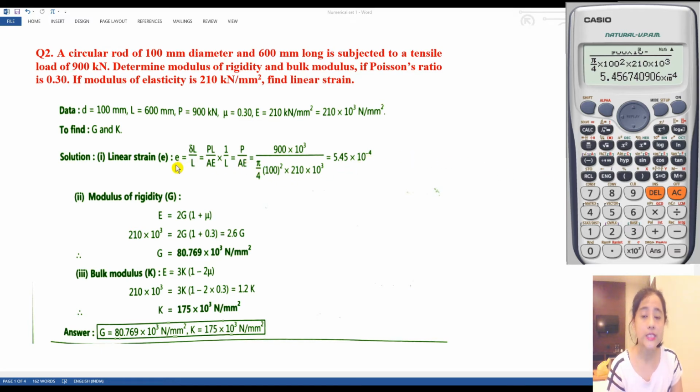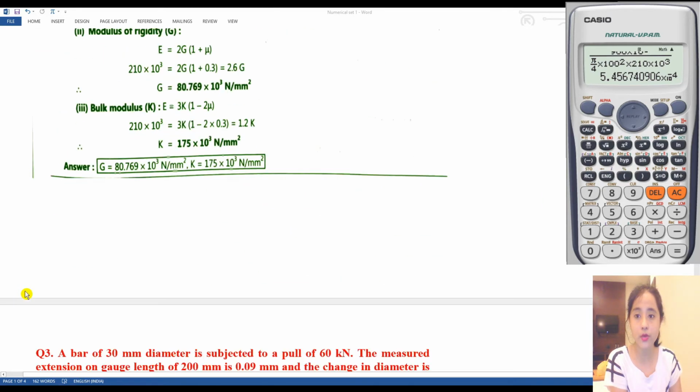And strain has no unit. Strain is unitless. So we have only 5.45 into 10 raised to power minus 4. I hope this numerical is also clear. Let us go to the next numerical.